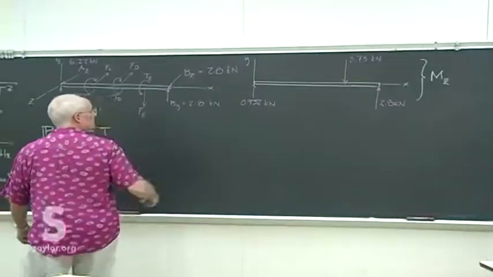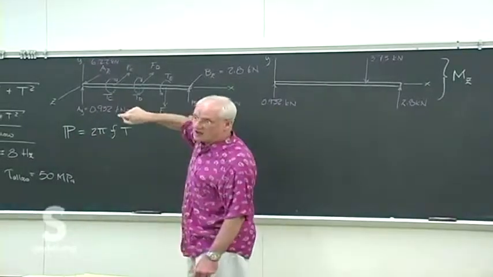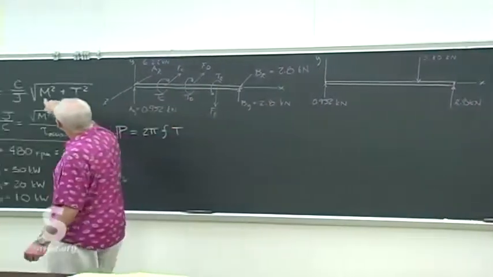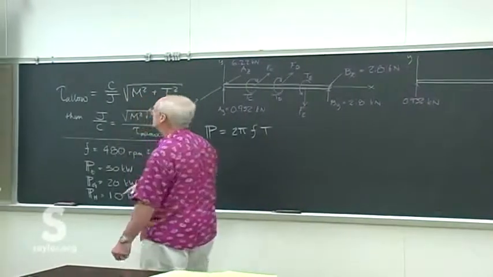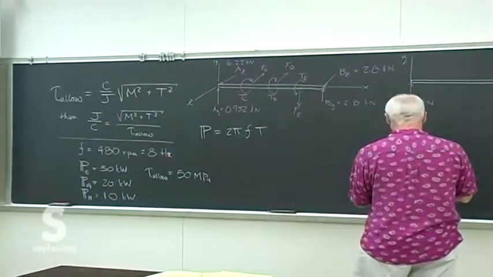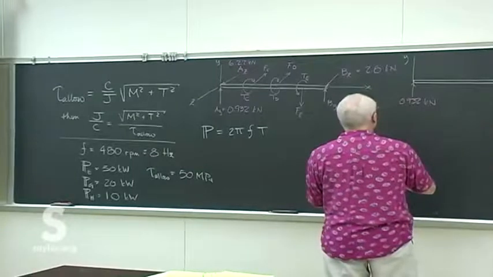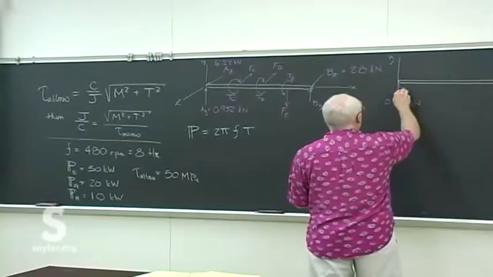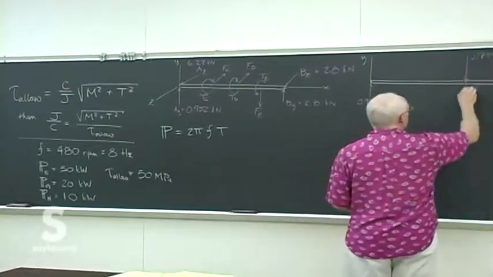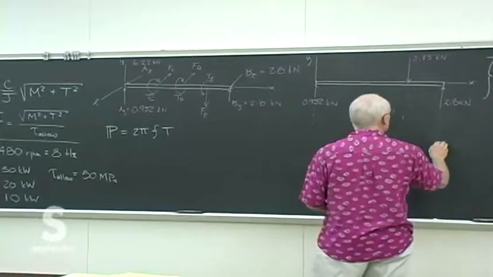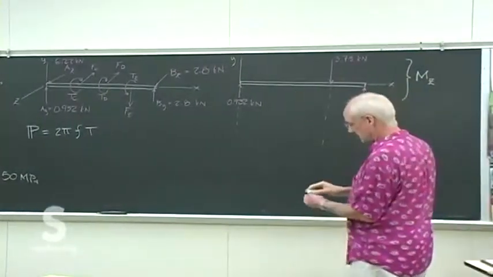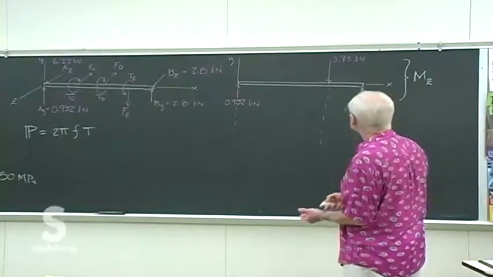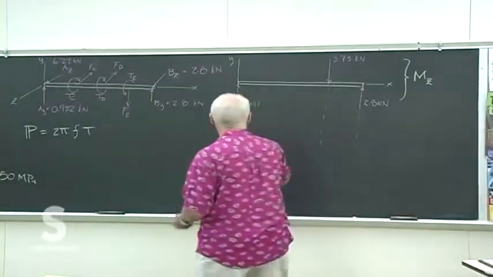And then we're going to do the same thing for the other view, and then the two of those will give us the maximum possible moment. So we'll have to put a couple of these pictures together. So let's figure out what the moment is at different places in the z direction from this drawing.